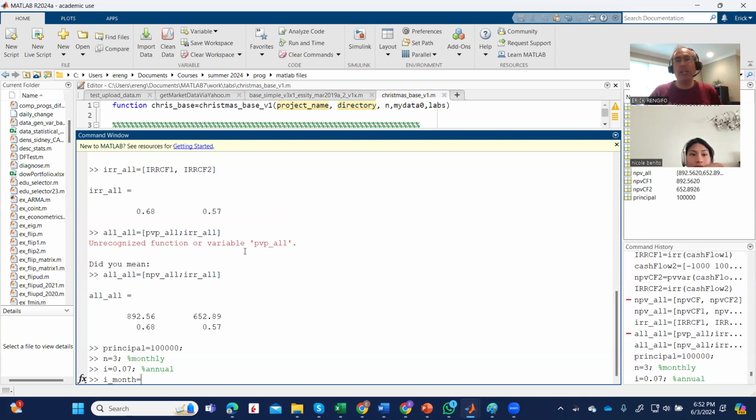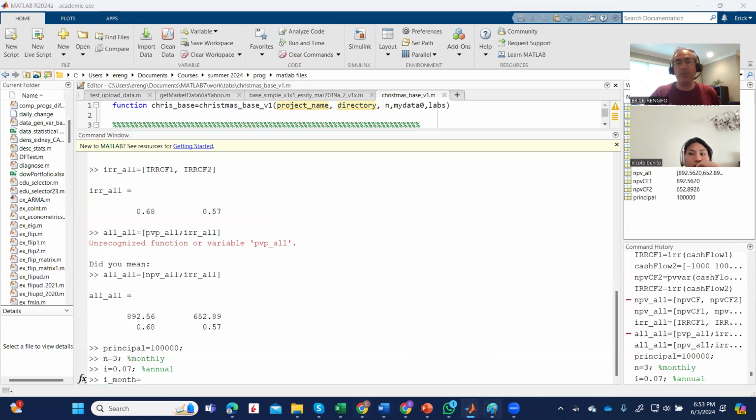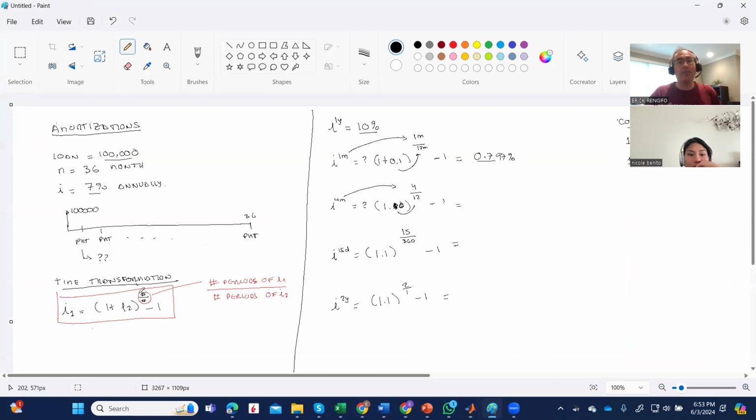The monthly interest rate, you need to do the formula, okay? So remember the formula is this one here. You have the 7%. In this case, it's going to be 1 plus 0.07 to the power 1 over 12 minus 1. That's going to be your monthly interest rate.